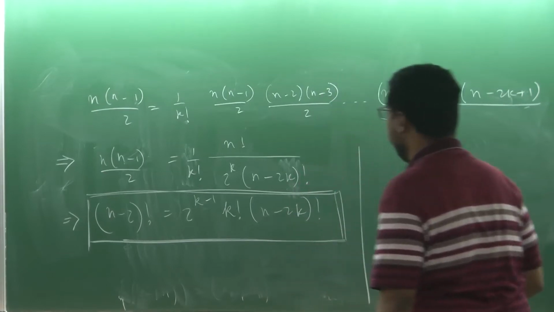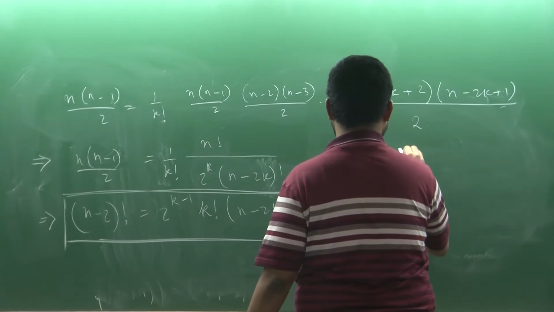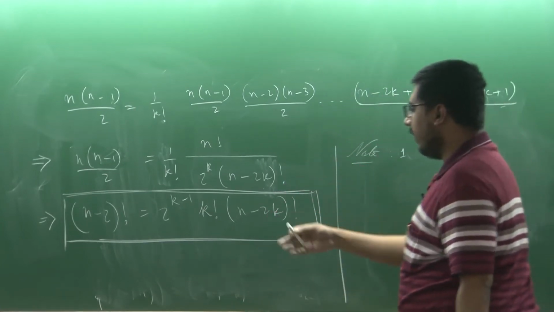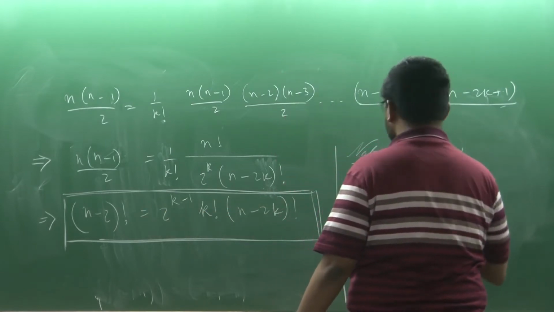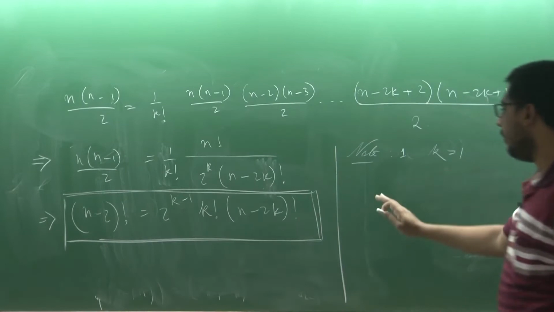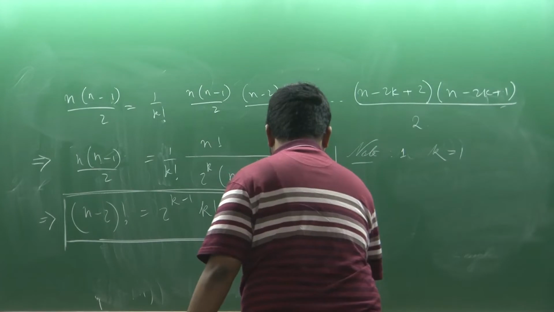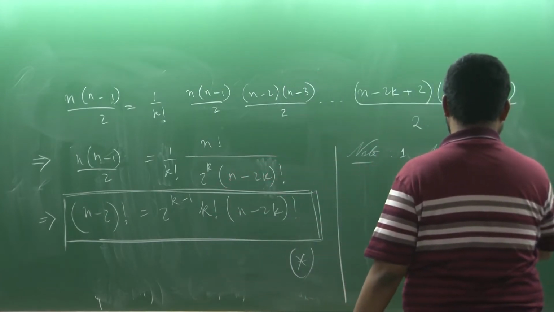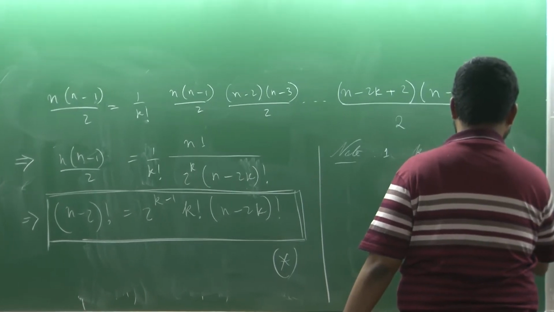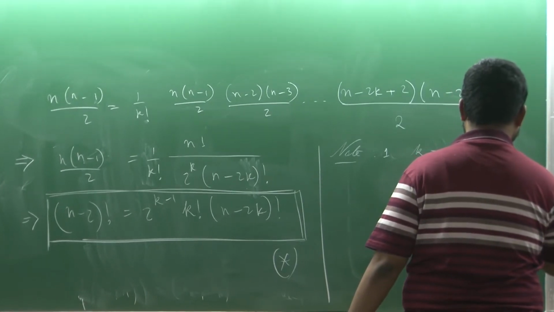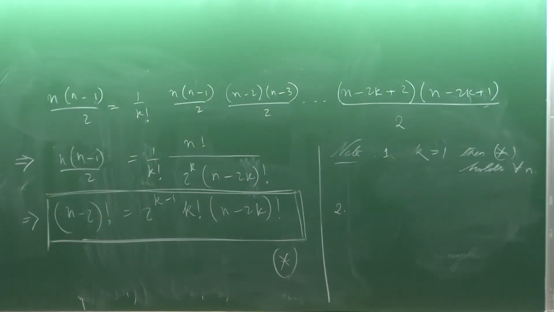So, we note the following: it is a direct verification that if k is 1, so just look at this formula, we are making observations from that. If k is 1, then this formula, which we call star, holds. If k is 1, then star holds for all n. Okay. So, this is one observation, that is obvious.